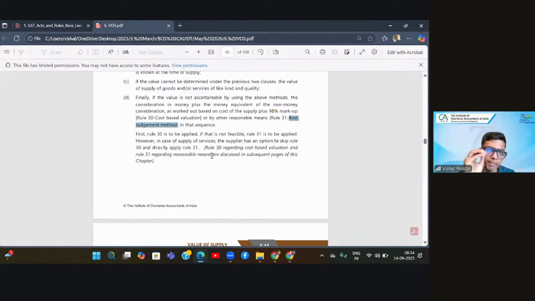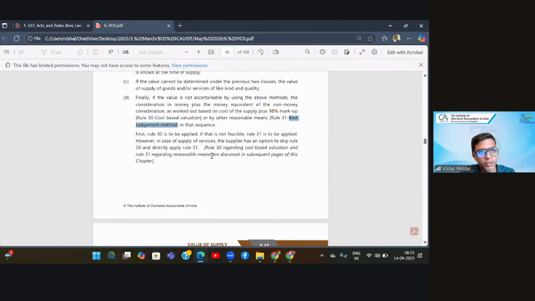For this, I will come back to this example. See why we were not able to find the value in this case of my giving service to a lawyer, or doing the written filing service for a lawyer: because finding a similar service and a similar value is not possible. Even if I have other lawyer clients, the value will not be the same. Even if other chartered accountants are giving services to lawyers, it will not be the same.